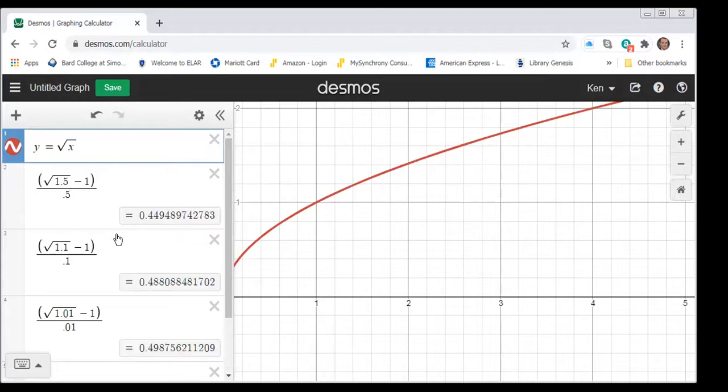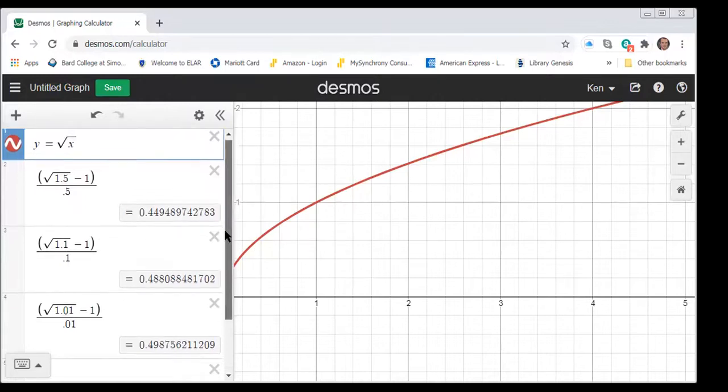Calculating the average rate of change from 1 to 1.1, I have to take the change in y value divided by the change in x value. So the change in y value, root 1.1 minus root 1, divided by 0.1, giving me 0.488. So that would be the slope of the secant line going from 1 to 1.1.